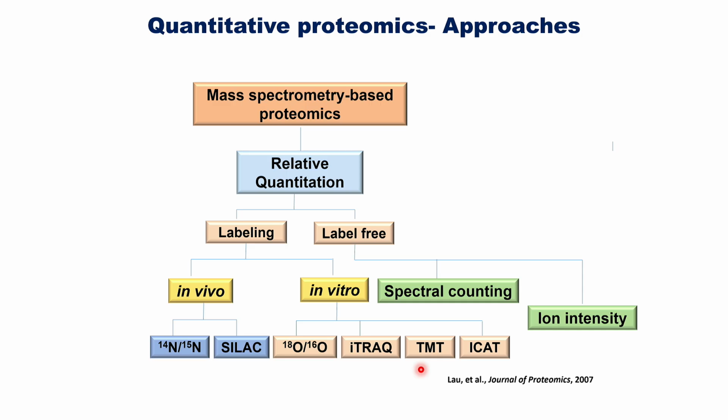Because mass spectrometry is based on mass to charge ratio. Those two peptides which are the same size but from different samples will be close enough. The intensity may be different or may not be, but the mass spec will identify okay, the A is more or B is less, and it will measure the difference in the intensity.